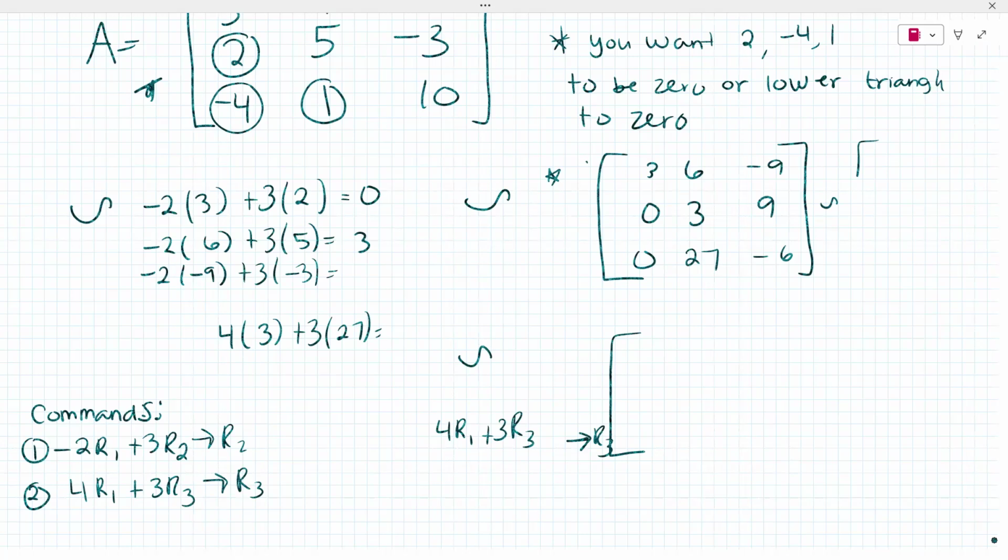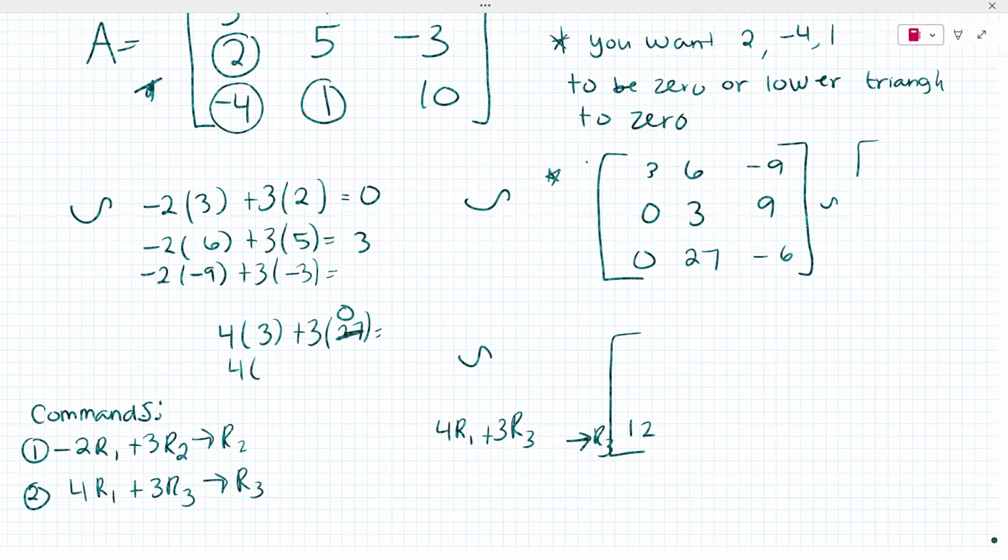Yeah, so it would be 4 times row 1 is 12, plus 3 times row 3. So the first number in row 3 is 0. So that's going to be 12, right? And then keep on going.